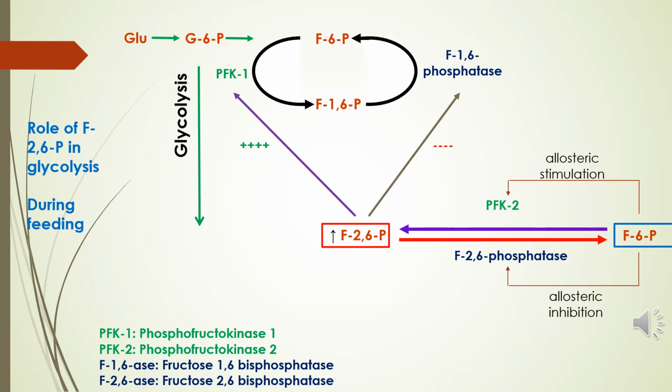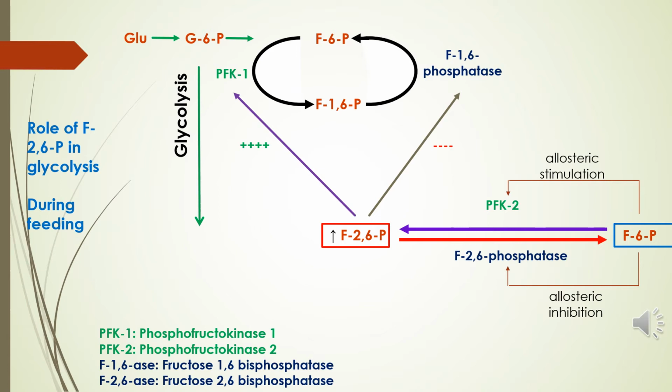So during the fed state, there is increased formation of fructose 6-phosphate, which is a substrate for 2 enzymes, the phosphofructokinase 1 and the phosphofructokinase 2.